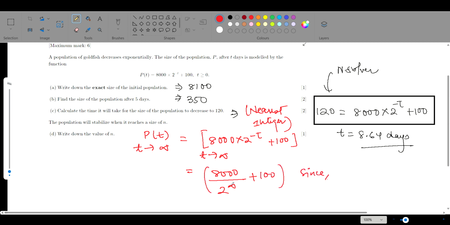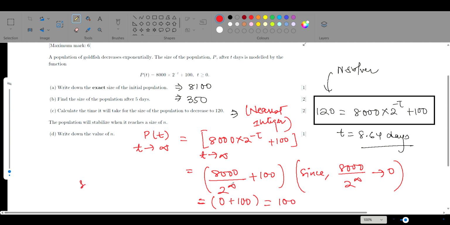Since 8000 divided by 2 to the infinity tends to 0, because I'm dividing 8000 by a very big number. 2 raised to the power infinity is a very big number, and when you divide any number by a very big number, the result is 0. 0 plus 100, so it stabilizes when it reaches 100.